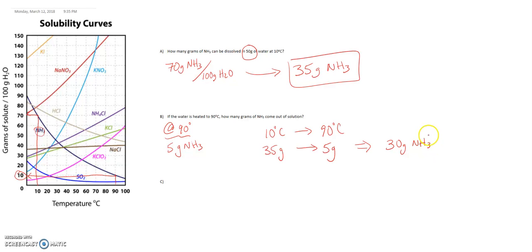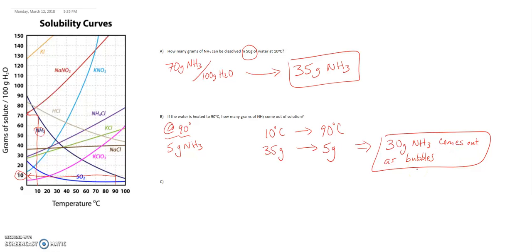And what is NH3 going to do? It's going to come out of solution as bubbles, because NH3 is a gas. That's why its solubility decreases with temperature. So 30 grams of NH3 are going to bubble away and no longer be dissolved.